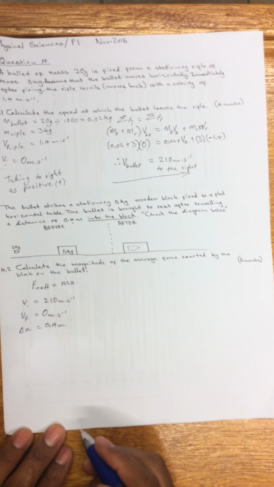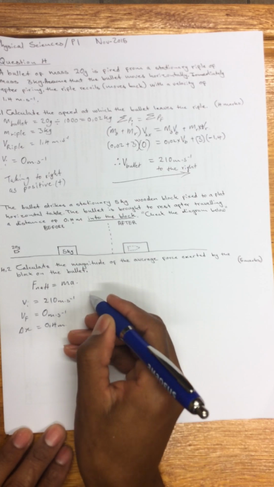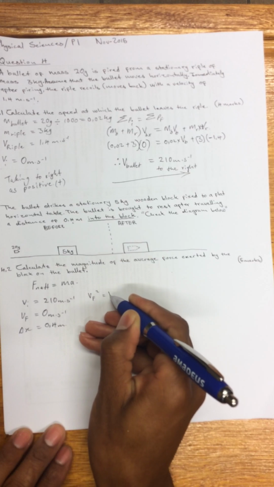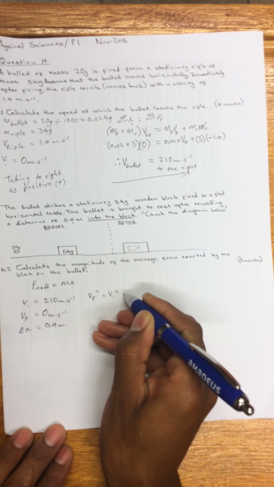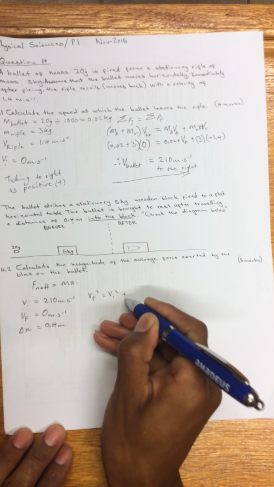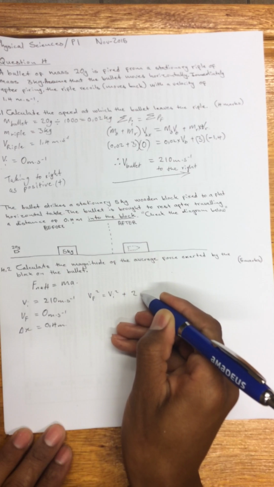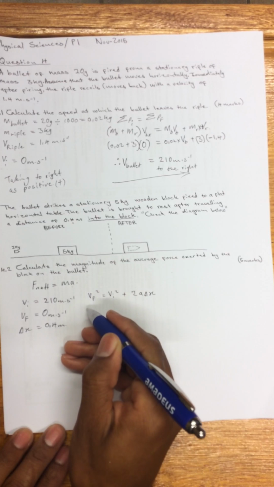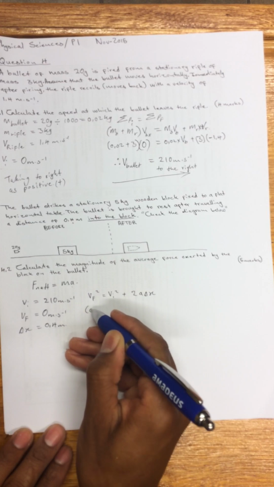Okay, from here we can use the equations of motion. Final velocity squared equals initial velocity squared plus 2 acceleration change in x. Therefore, we substitute everything.